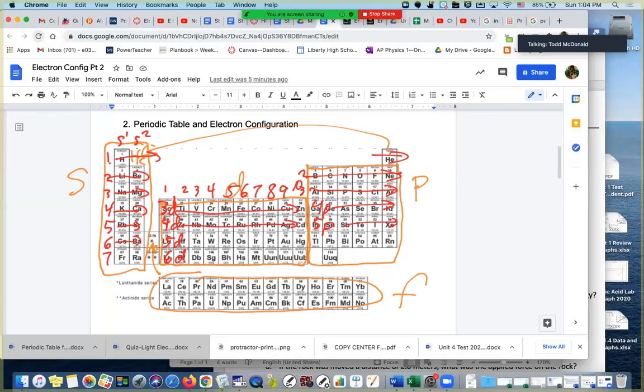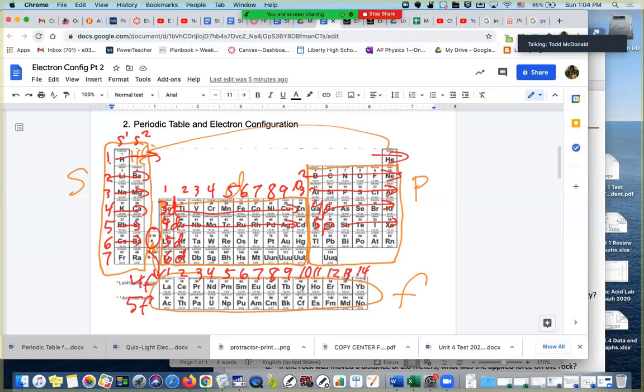Now, this is interesting. We take a detour. We move down here. This is actually 4f and 5f. So the fourth energy level is the first place we get a sublevel of f. If you count how many of them there are, there's 1, 2, 3, 4, 5, 6, 7, 8, 9, 10, 11, 12, 13, and 14.